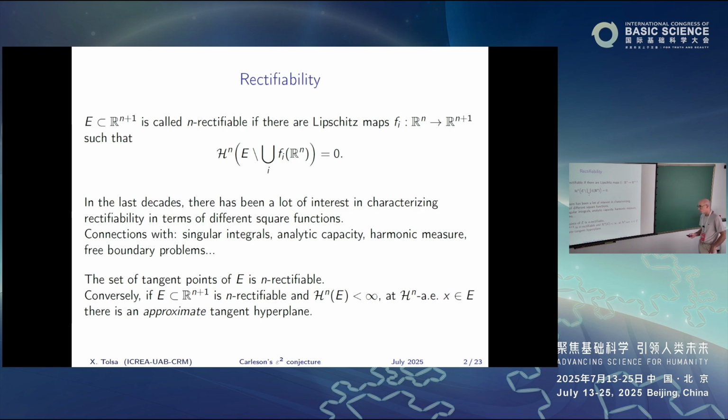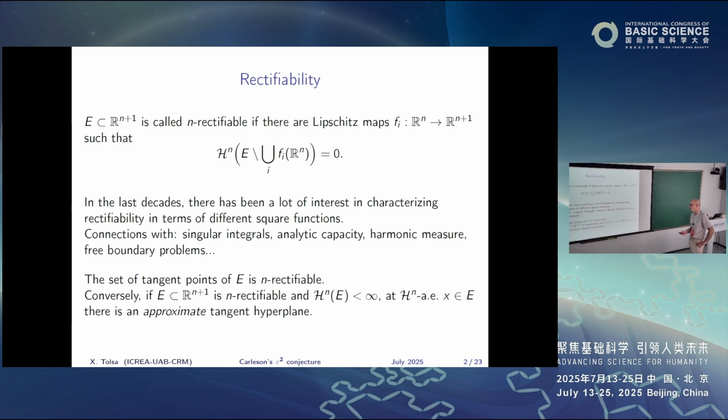I need to talk about tangent points, and I will introduce a careful definition of tangent for sets that are n-rectifiable. It turns out that it is a classical result in geometric measure theory that the set of tangent points for any set E is n-rectifiable.